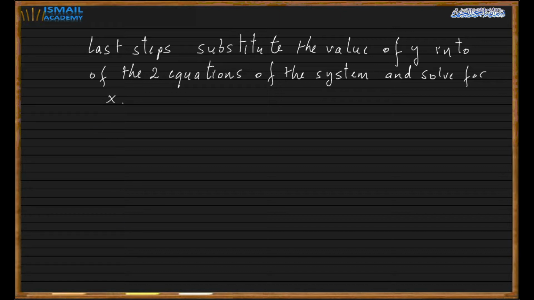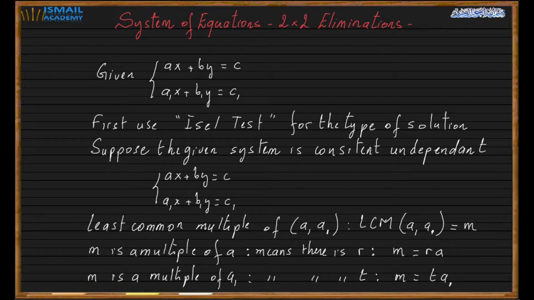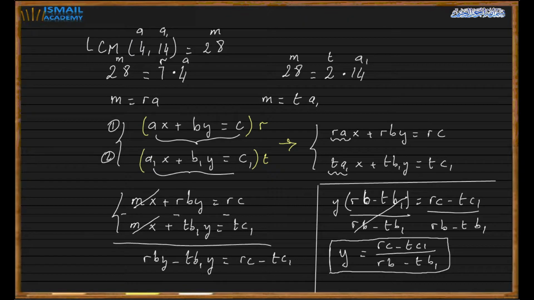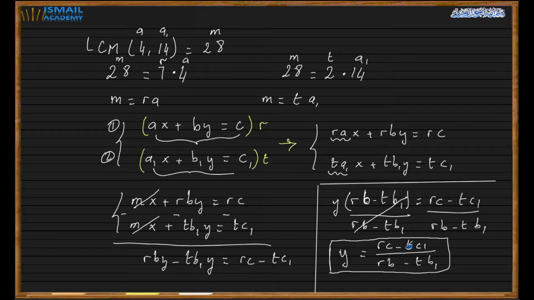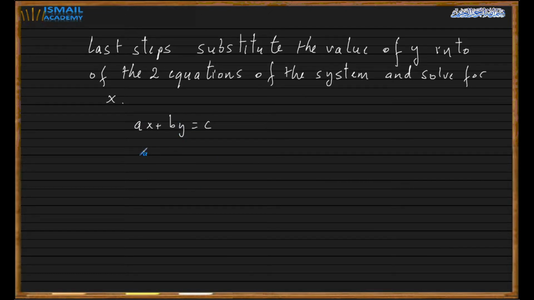So if I go back to my system, for example, I pick the first equation. I have AX plus BY equals C. We already have y equals (RC minus TC1) over (RB minus TB1). So here I substitute this y by the new expression.